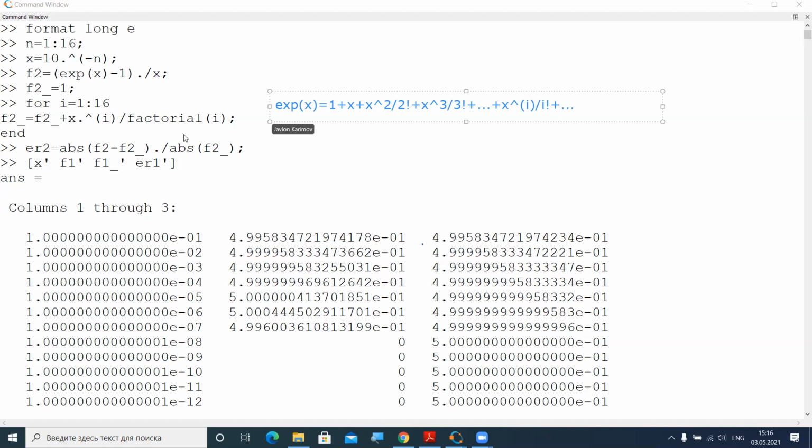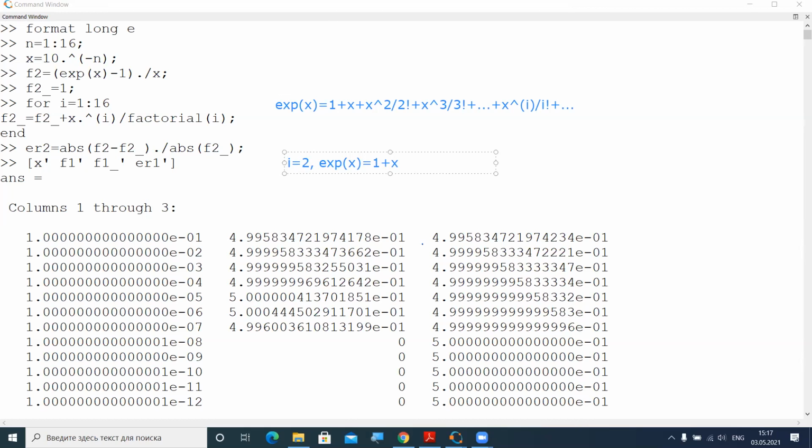Is it clear? If i is 2, then exp x equals 1 plus x, this is the previous one.